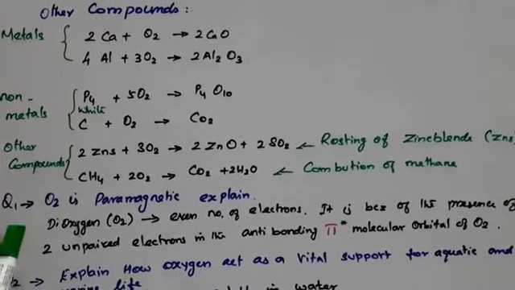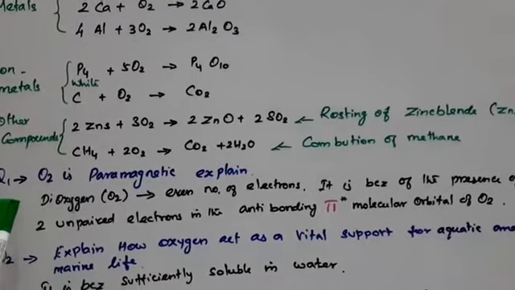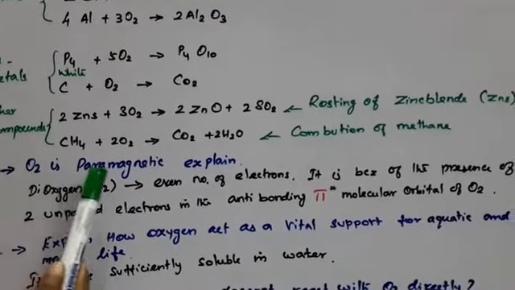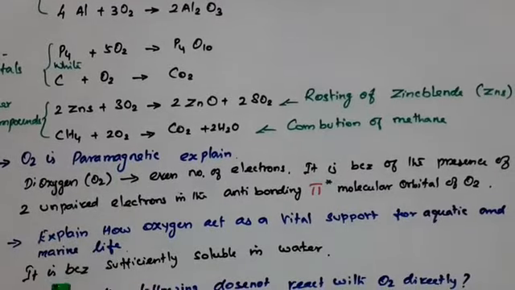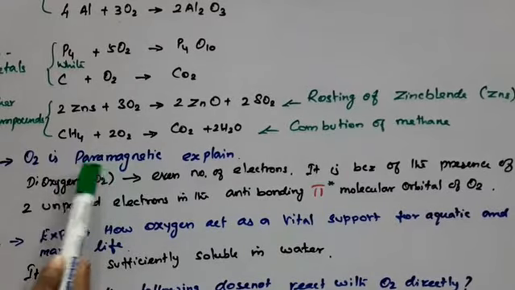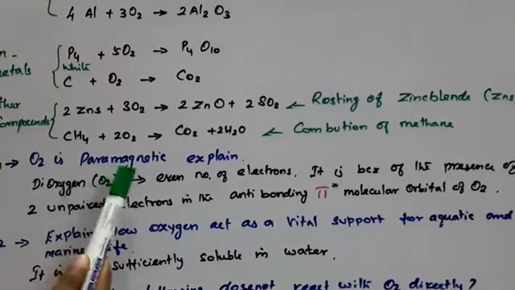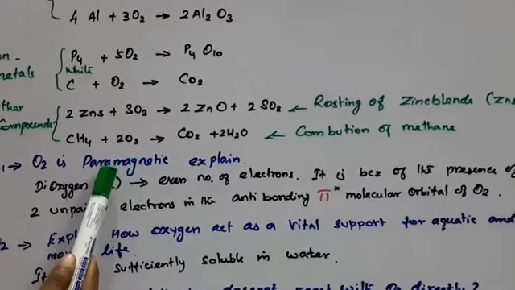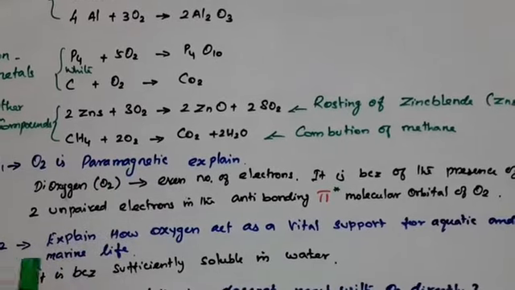The question from properties: the first question is, O2 is paramagnetic, explain. Para means it has unpaired electrons, dia means it has paired electrons.